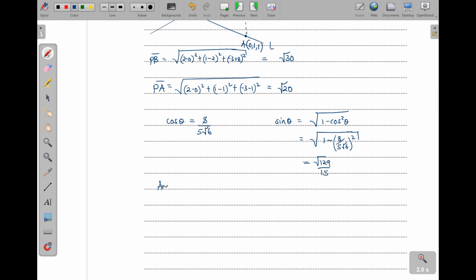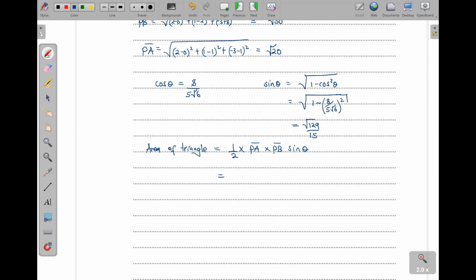Now area of the triangle is going to be equal to a half times the PA we have gotten, then times also the PB, then sine of the angle theta. So we shall have a half, then times root of 20 times root of 30, then times root of 129 over 15.